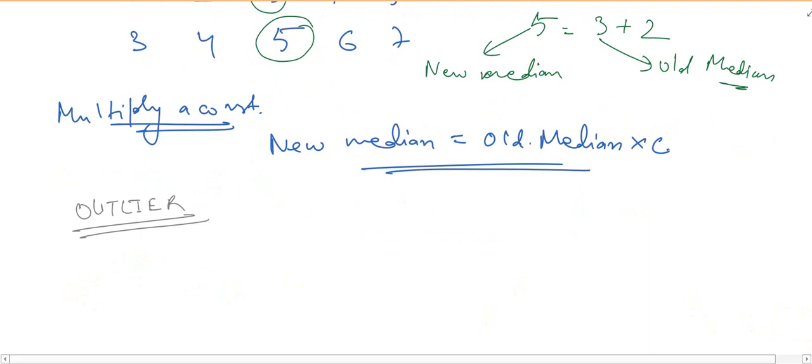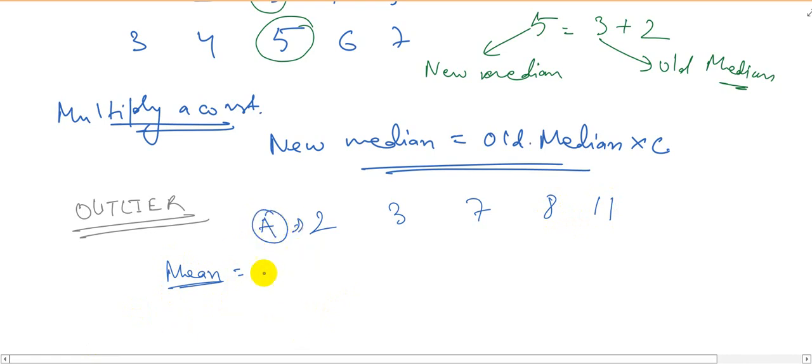So let us move ahead. Let us take the values 2, 3, 7, 8, and let it be 11, right? And let us try to find out the mean first. Let us say this is the A data set.